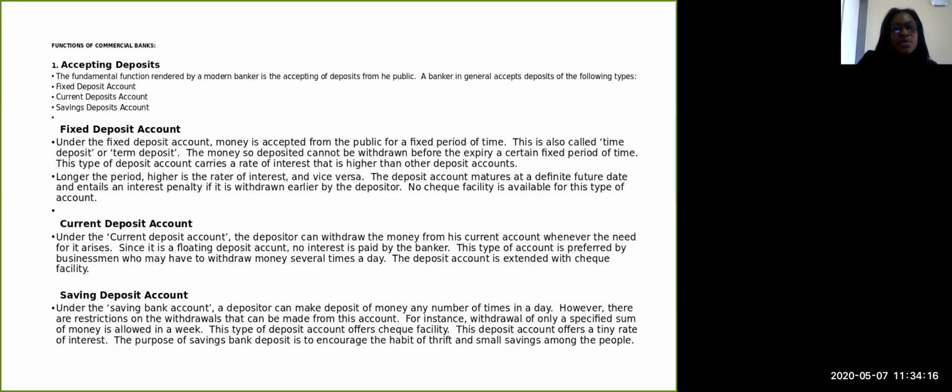This type of deposit account carries a rate of interest that is higher than other deposit accounts. That is why some people prefer fixed deposit accounts because of the high interest rate. When you deposit money in this type of account, you get a higher rate of interest than in the current deposit account or savings account.